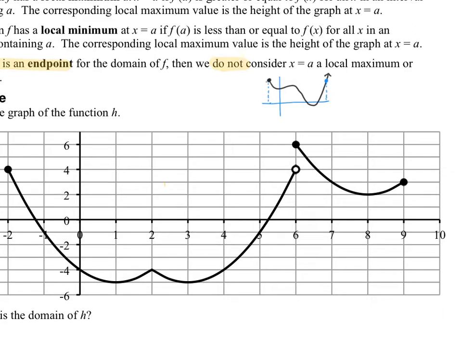You can see that clearly this is a minimum, this is a minimum, and this is a maximum. This is actually higher than this one, but since this is an endpoint, this is not considered a local maximum. So only if it happens inside the interval, not at the endpoints.